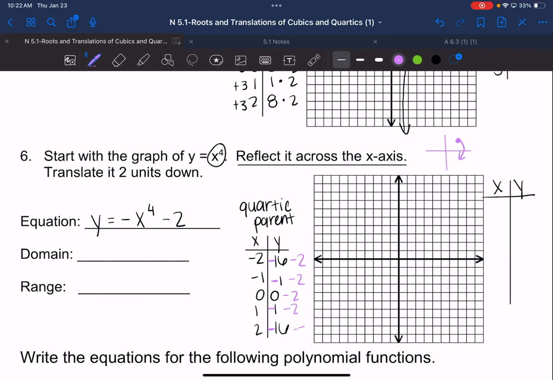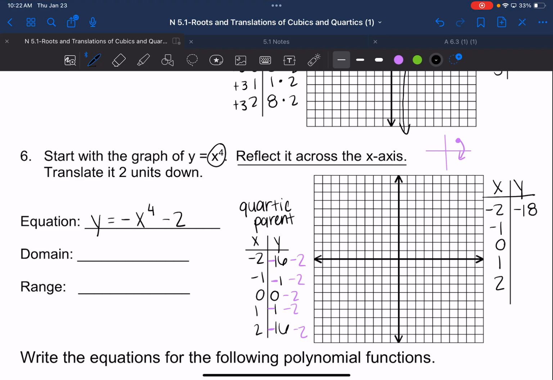So it sounds like we actually aren't going to have to do anything to our x values, right? So my x values are going to stay -2, -1, 0, 1, and 2. But that 16, we changed it to a negative 16, and then we subtract 2. That's going to give us what? Negative 18.